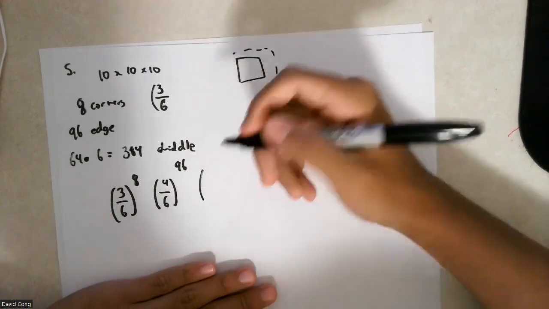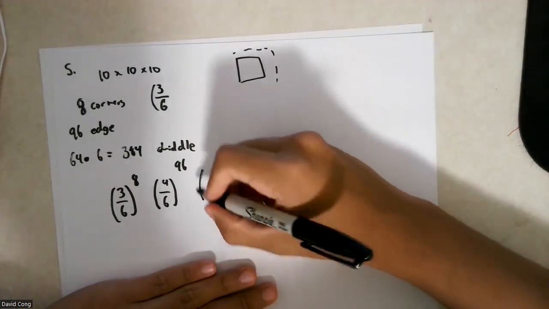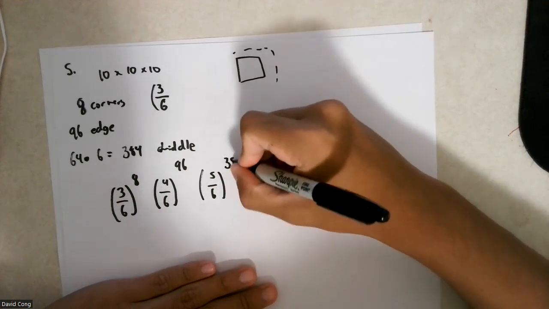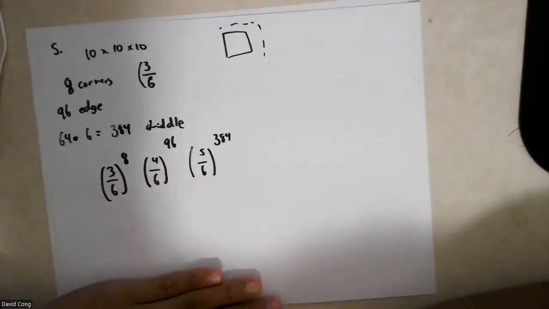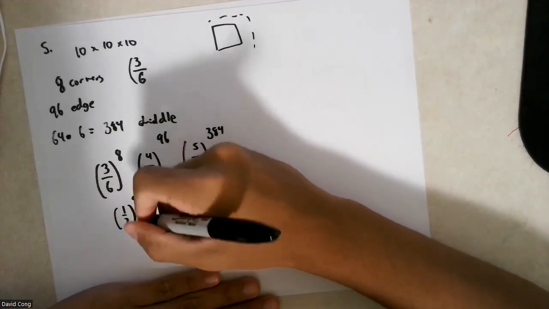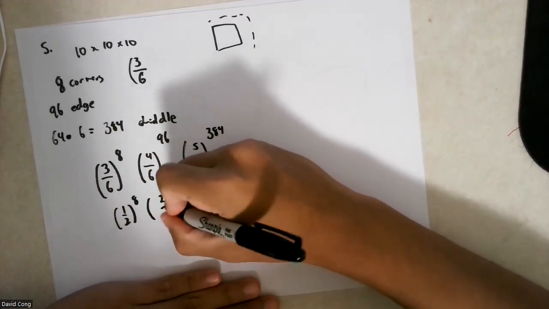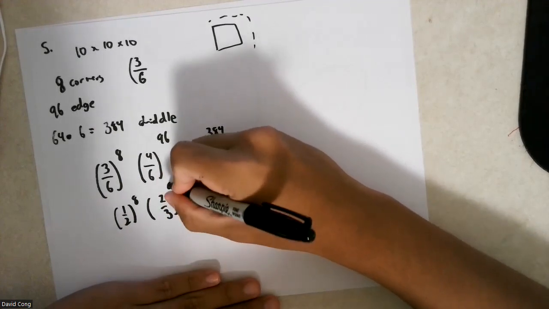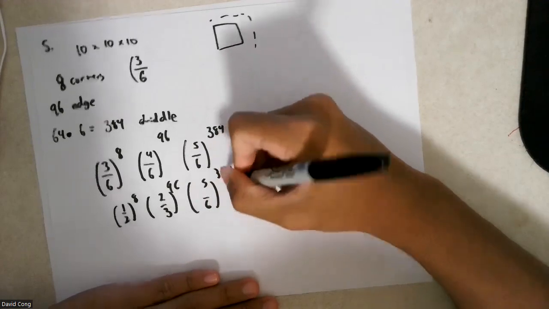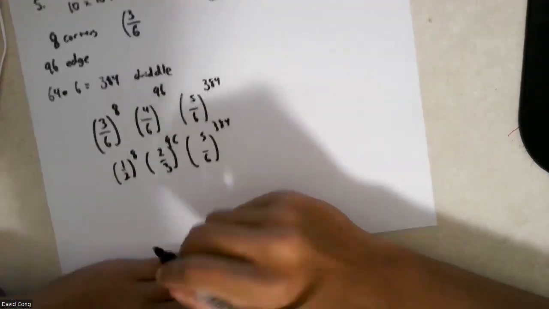Now finally, the last one. Only one side is blue, which means we have a 5/6 chance, times 384. Let's do a bit of simplification. We get 1/2 to the 8th times 2/3 to the 96 times 5/6 to the 384. Now let's express this in terms we want.